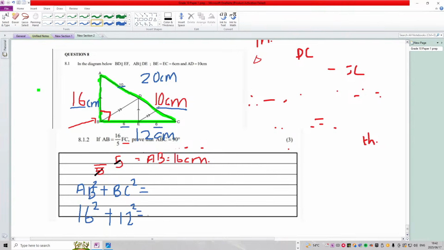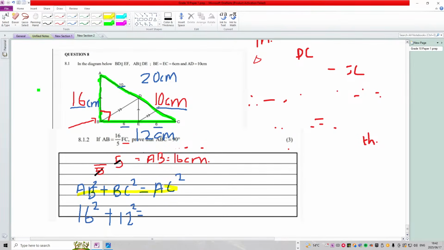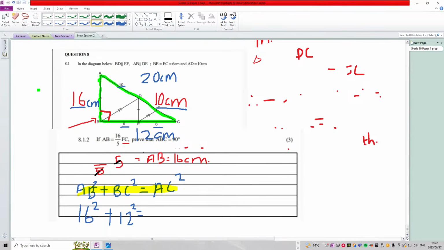AB squared plus BC squared is equal to AC squared. That's my theorem of Pythagoras over here. Now 16 squared plus 12 squared is equal to 400. Again, we're going to assume we don't know AC.